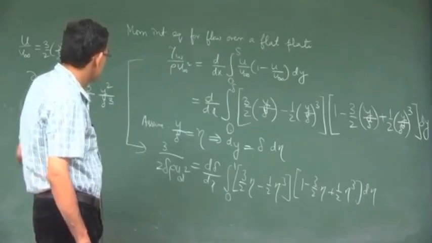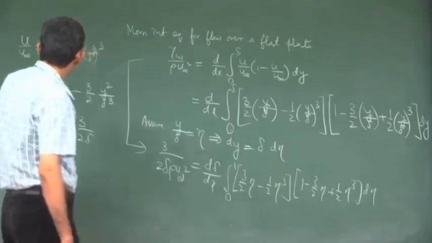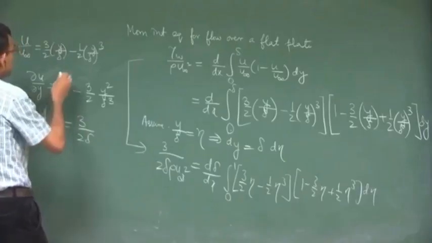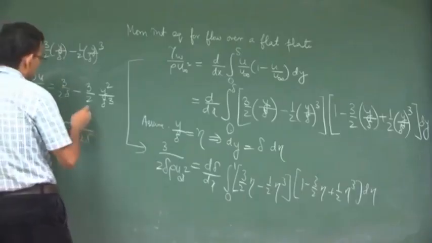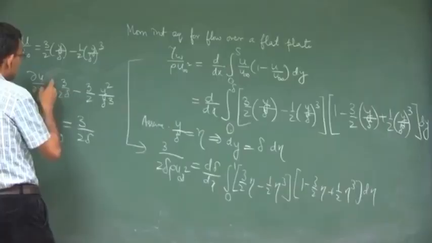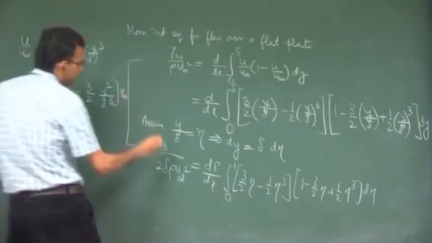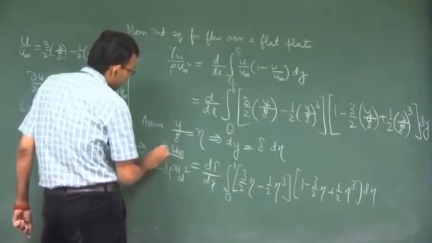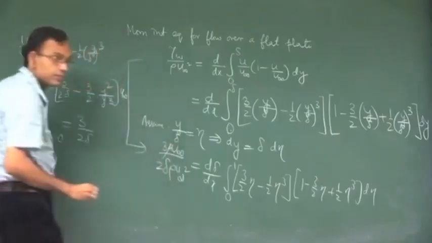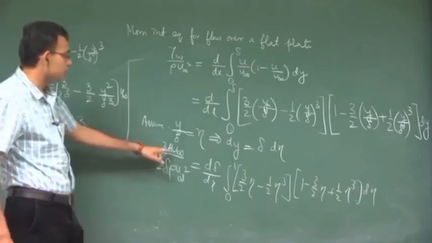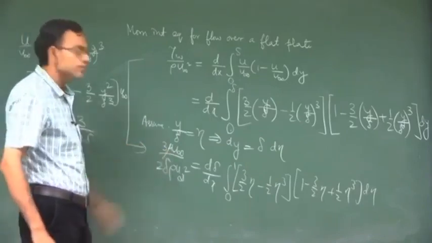Left side there is a u infinity, right. So, yeah, there is a mu also. So, this is just multiplied by u infinity. So, there is a u infinity and there is a mu. So, this is del u del y, that multiplied with mu is the wall shear stress.